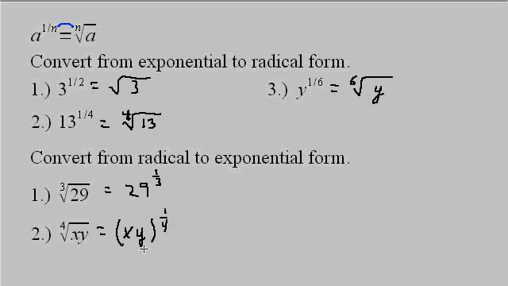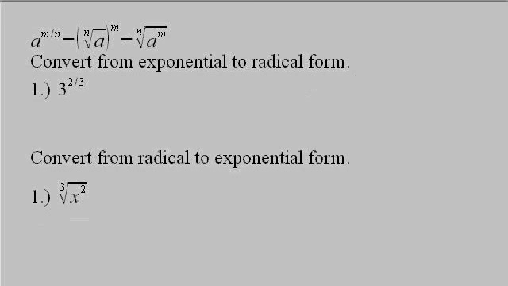Okay. Now, what would we do if this exponent here is not a 1? Well, we have this, a to the m over n equals the nth root of a, all of that raised to the m power, or the nth root of a to the m.